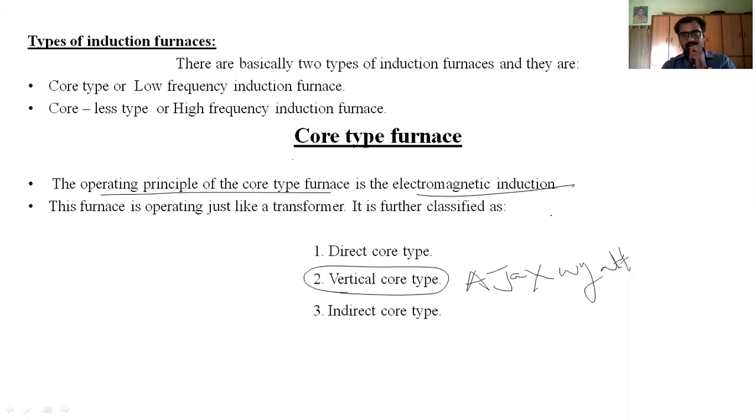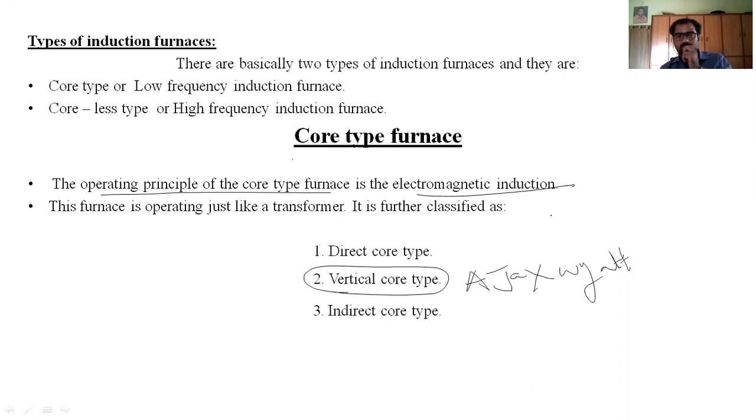So in these high frequency heating methods, in this induction heating, each and every type acts like a transformer, the same principle that we see in transformers.